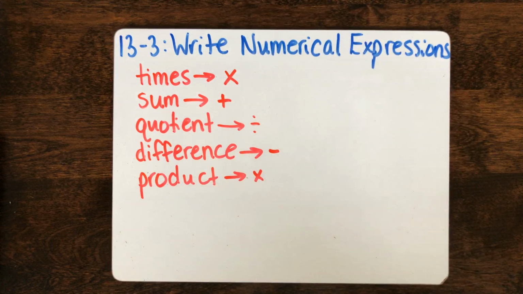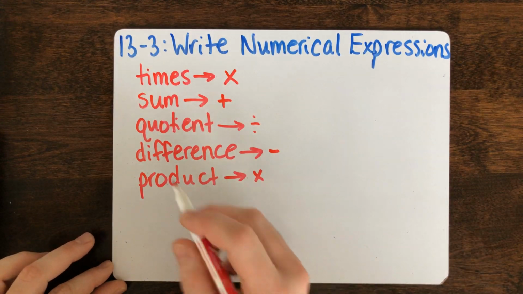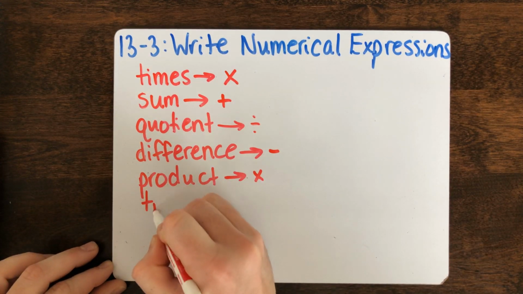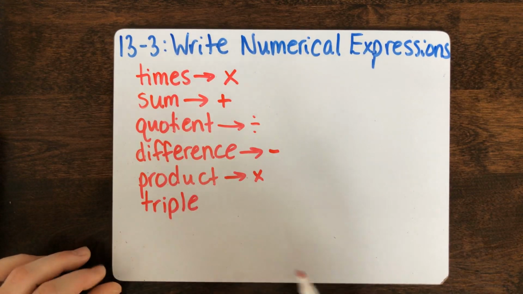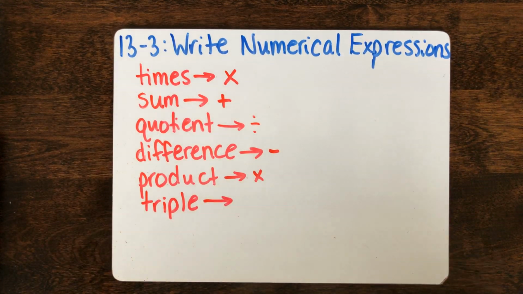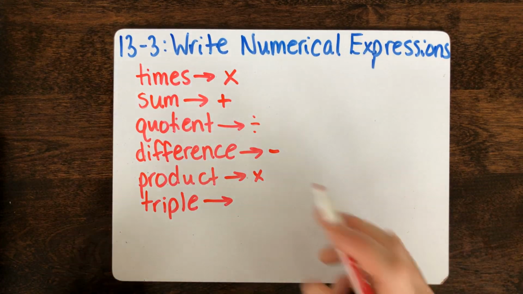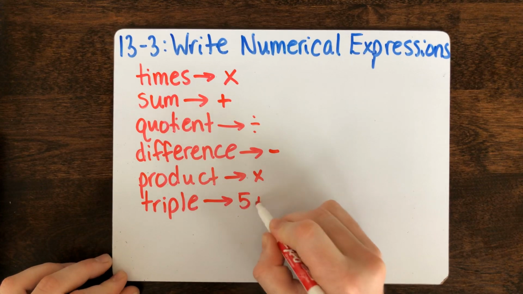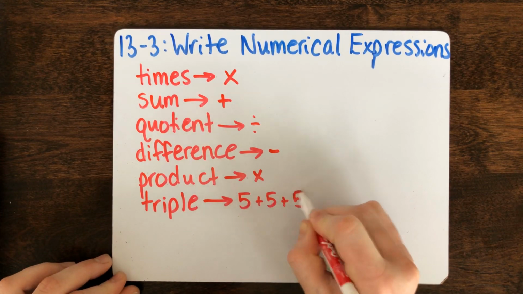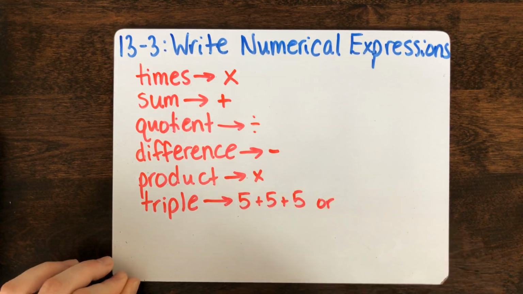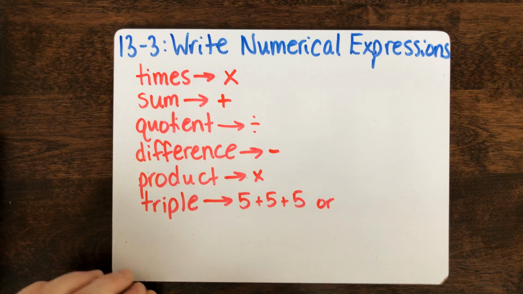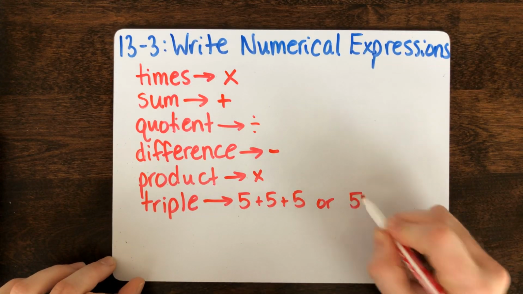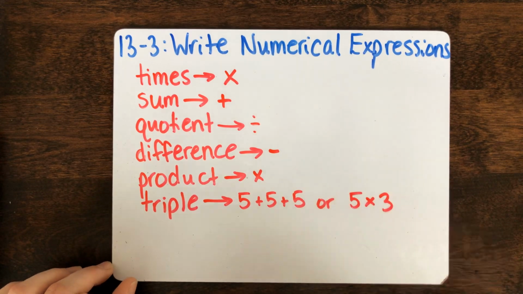Okay, there are some other ones I do want to talk about really quick. If you see the word triple, for example, triple 5, that could either mean 5 plus 5 plus 5, or you can do 5 times 3.